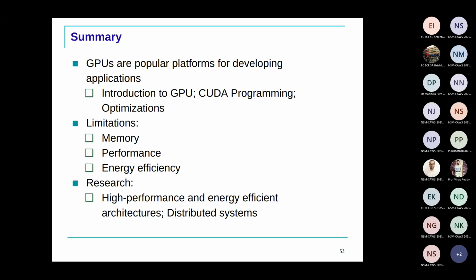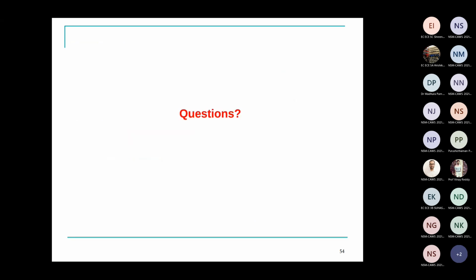Even though GPUs are popular platforms, there are some limitations in terms of memory, high performance computing, and energy efficiency. So a large body of research is going on to improve performance, energy efficiency, and resource utilization, also in terms of distributed systems. I'm happy to take questions right now and pause for a few minutes.